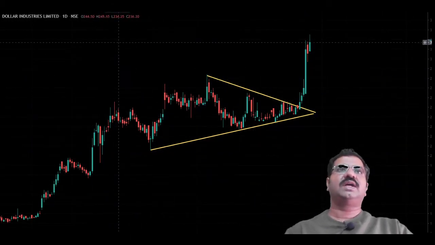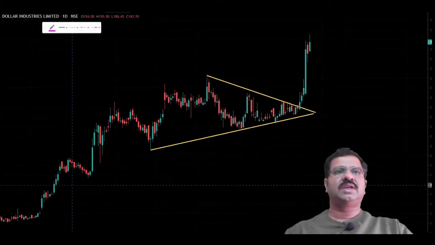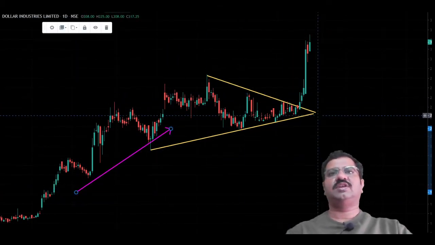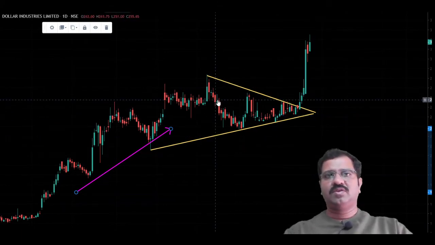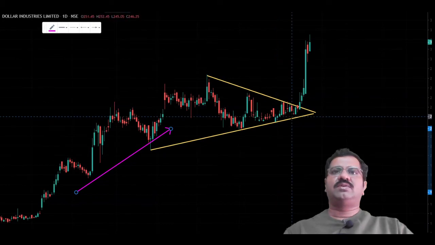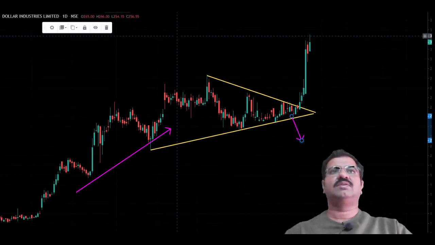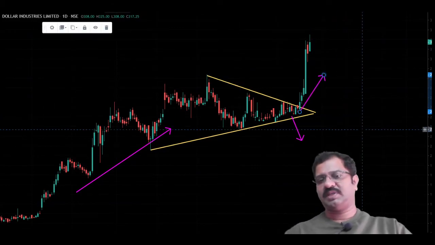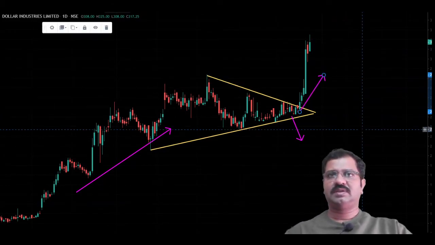But you have to see that there was an uptrend going on, then only you are going to trade this kind of pattern. You won't trade this pattern if the breakout happens on the downside. You will always trade if the breakout happens on the upside.